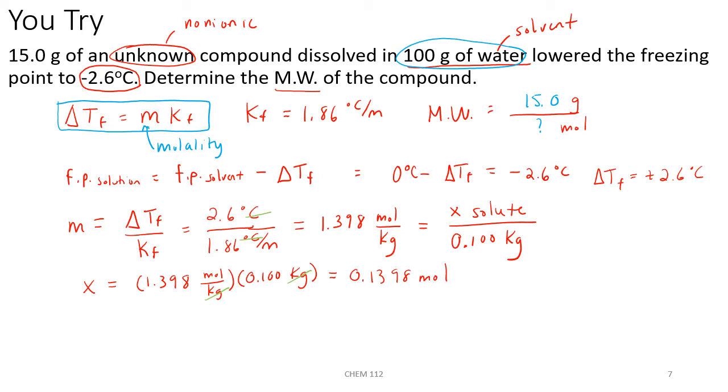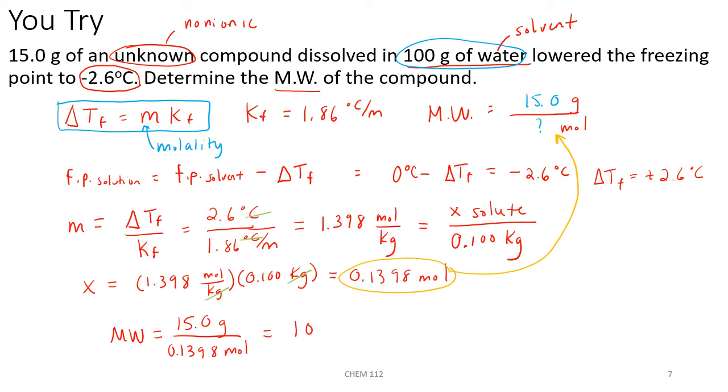And that's what we're going to end up plugging into our denominator for our molecular weight calculation. That's what we were trying to figure out, the number of moles, so we could calculate the molecular weight of our unknown. So molecular weight will be equal to 15 grams of solute per 0.1398 moles of solute, which comes out to being about 107 grams per mole.